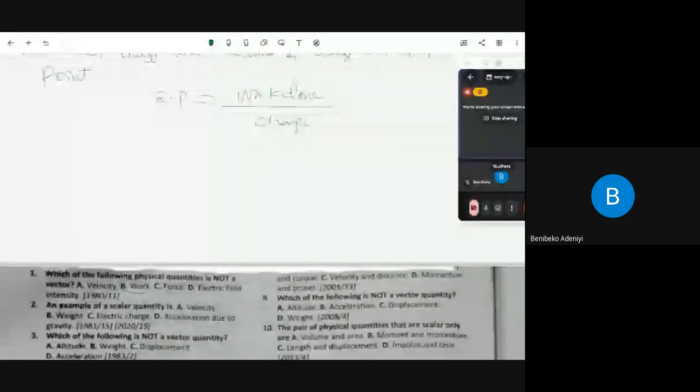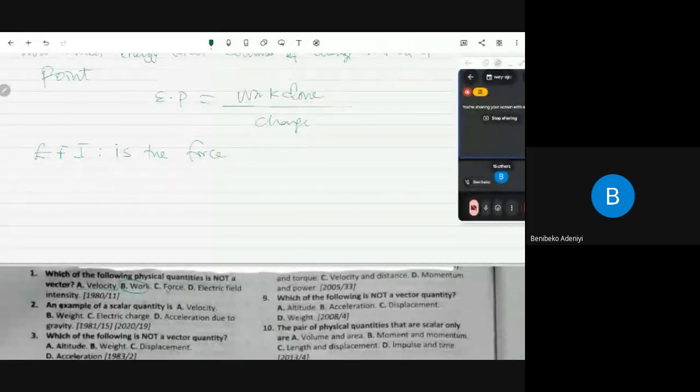But electric field intensity, on the other hand, is force. It is the force experienced by any charge placed at that point in an electric field.